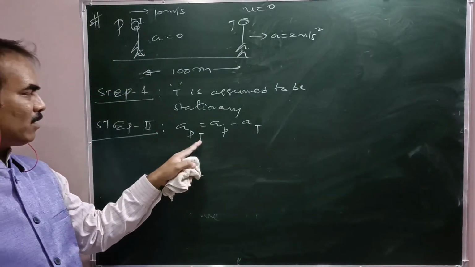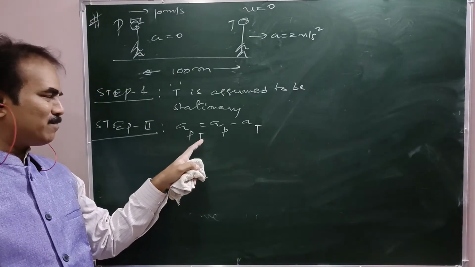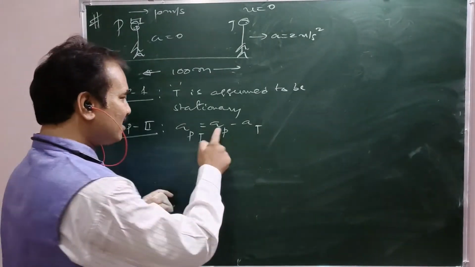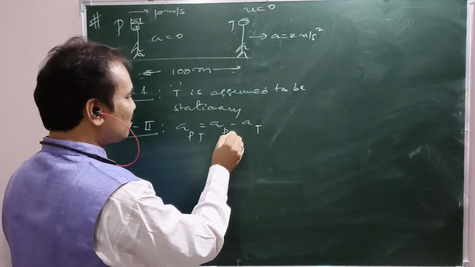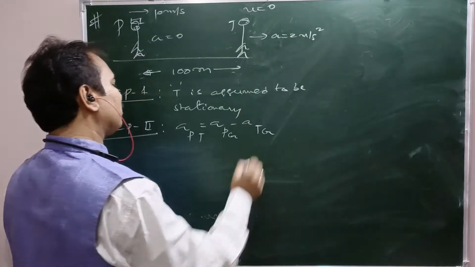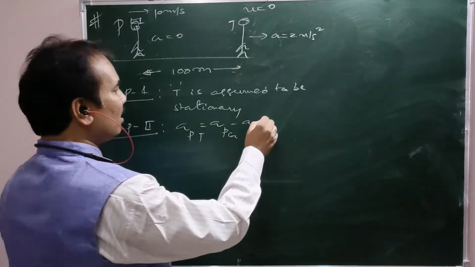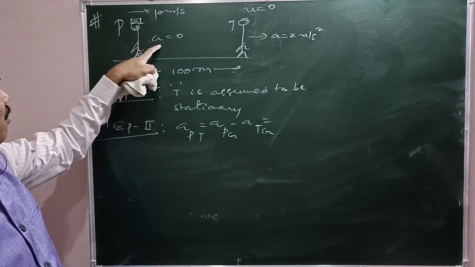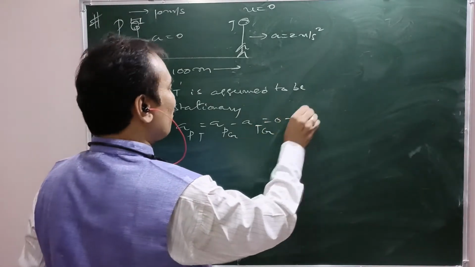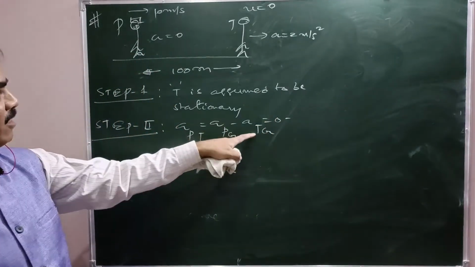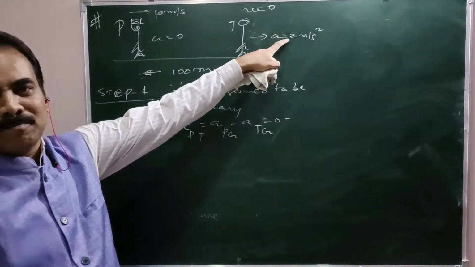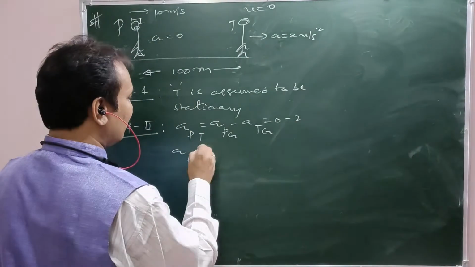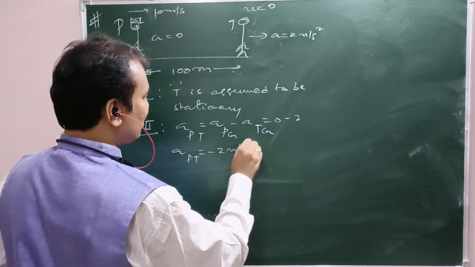Of course, these are absolute accelerations, means with respect to ground. Right? So that's APG. What is acceleration of policeman with respect to ground? 0. So 0 minus acceleration of thief with respect to ground, that is 2 meters per second square. That is APT equal to minus 2 meters per second square.